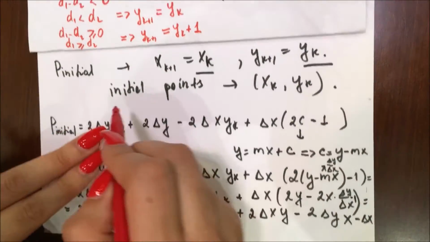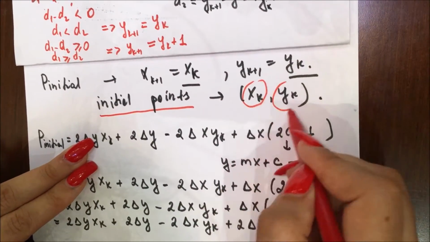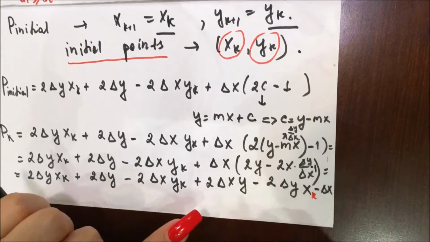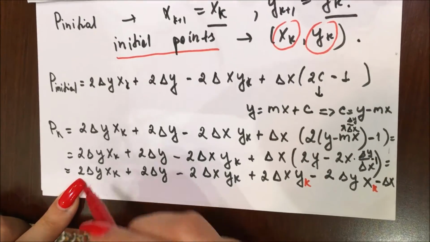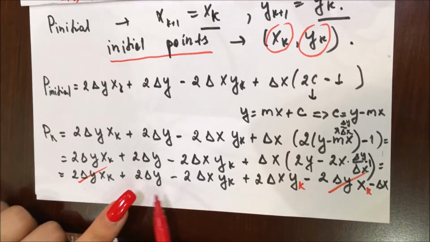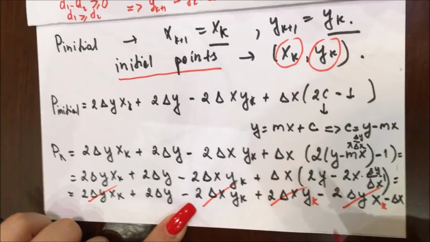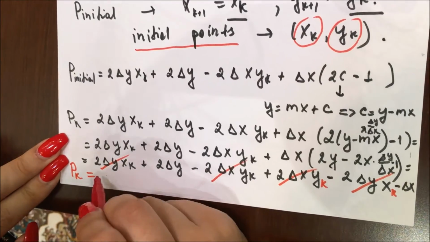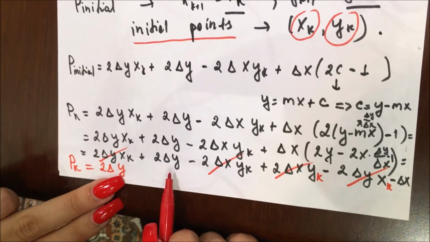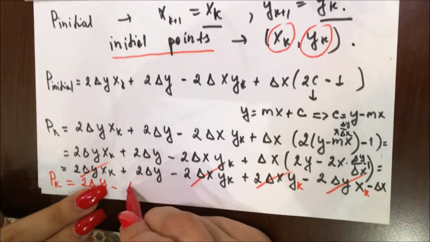So here we will simplify our equation. First of all, we should replace x and y with xk and yk. After replacing, we will simplify our equation, and for p initial we will get 2 delta y minus delta x.